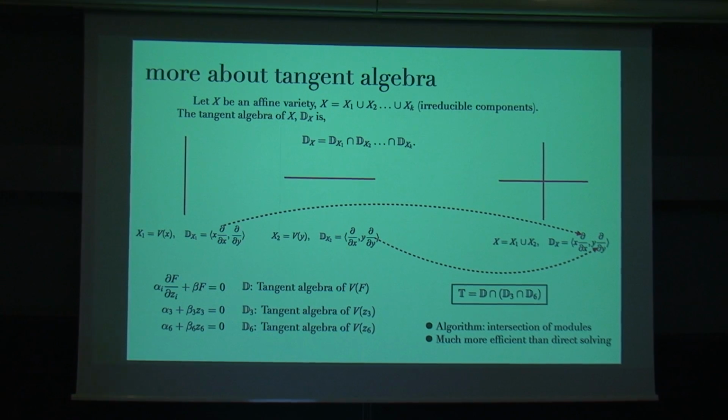Then you consider the intersection of the modules. For the intersection of modules, you can do it by the standard algorithm by Gröbner basis. So after taking the intersection, you will get the whole tangent algebra. It's much more efficient than to solve them directly at once.